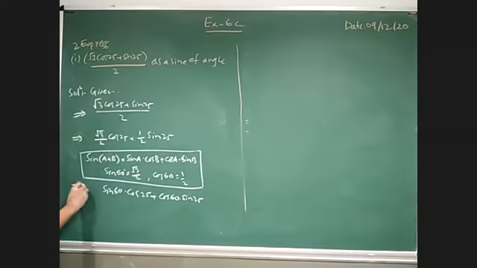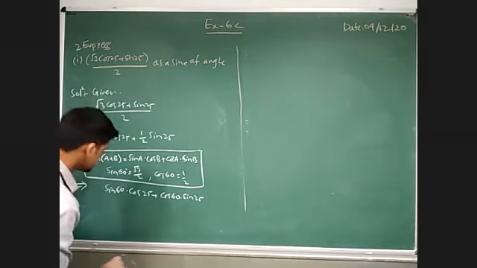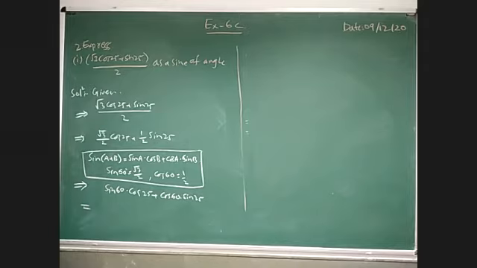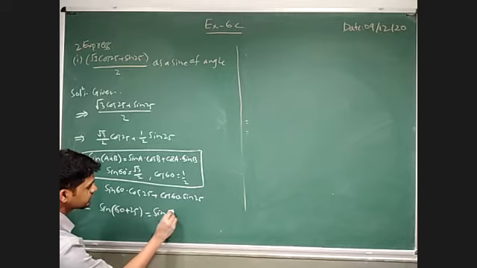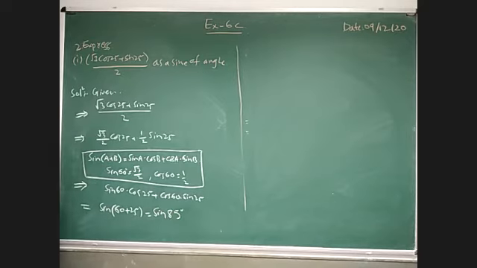So just see, after comparing this thing with this formula, I'm able to write sine 60 plus 25, that is nothing but sine 85 degrees. This is the answer to the question.